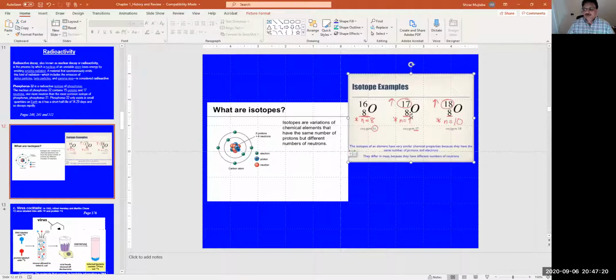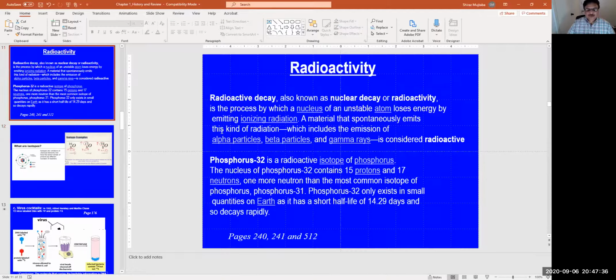So here, if you see oxygen with 9 neutrons, it should be 8. Similarly, in a different oxygen, it could be oxygen 18. So going back, for example, phosphorus has an atomic mass of 31, but due to the presence of an extra neutron, the atomic mass becomes 32.